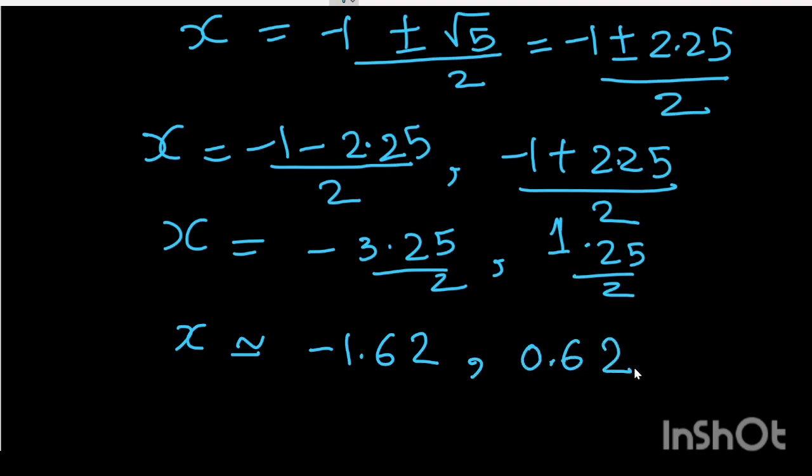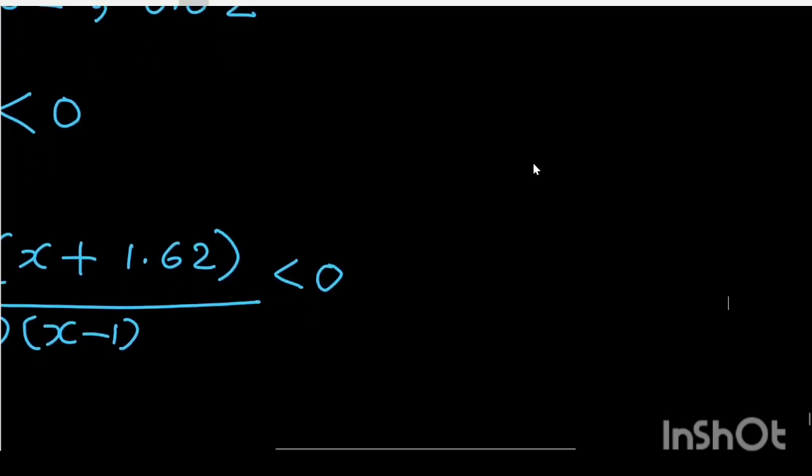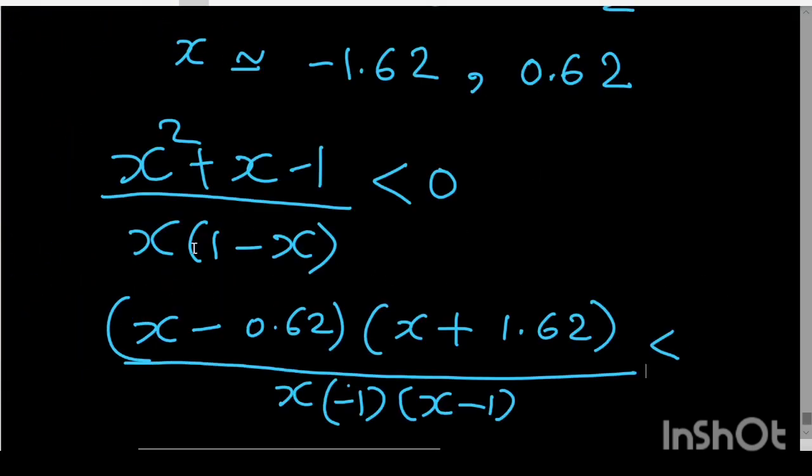So guys, the factors of x square plus x minus 1 would be x minus 0.62 into x plus 1.62, guys.